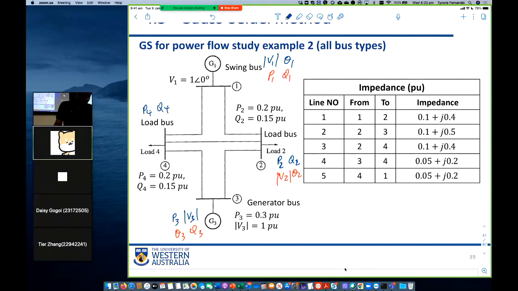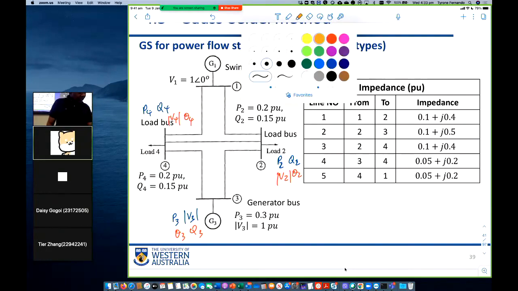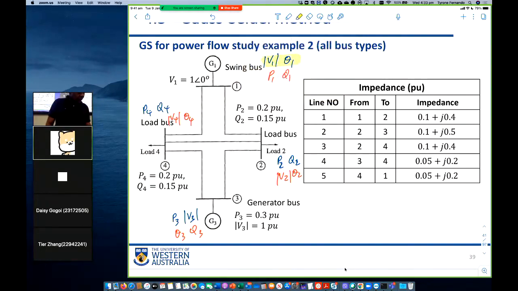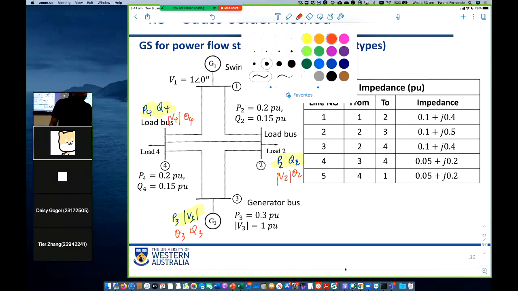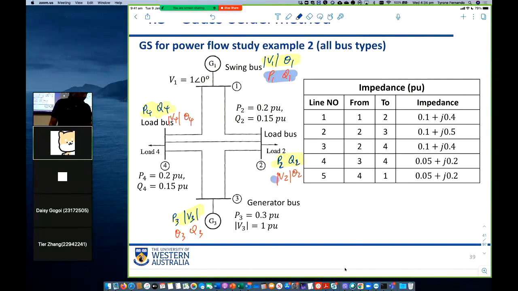What don't we know? We don't know the V4 magnitude and theta 4. So we have identified the things we know about the nodes and the information that we don't know.